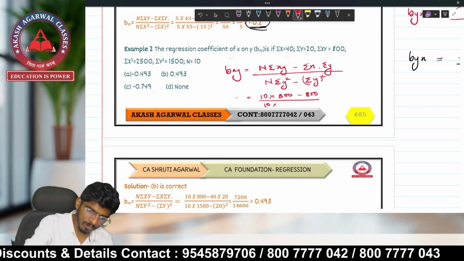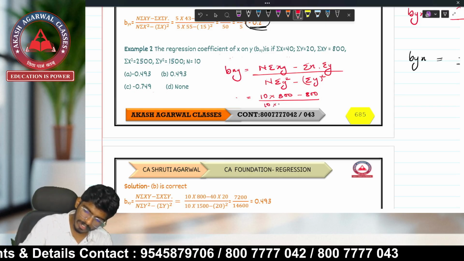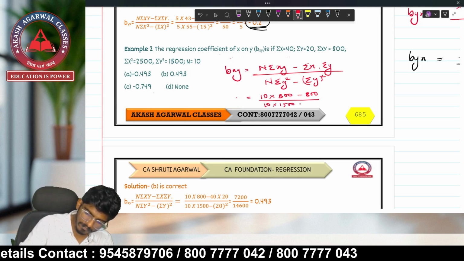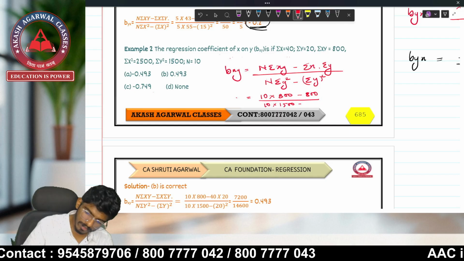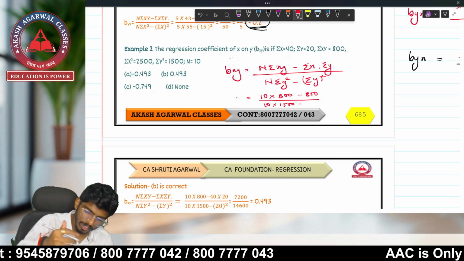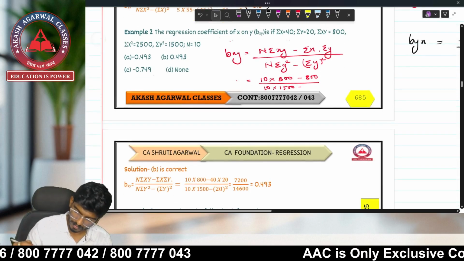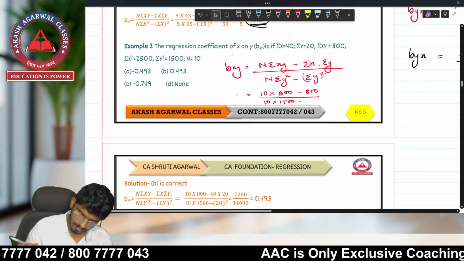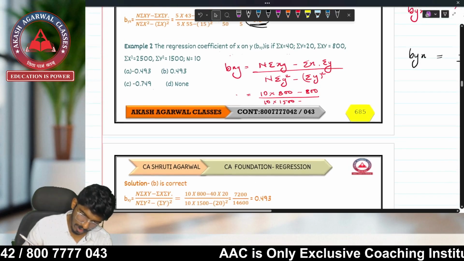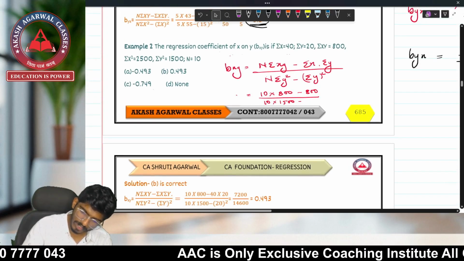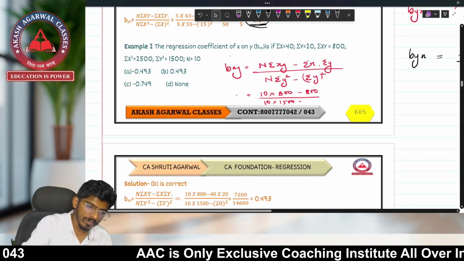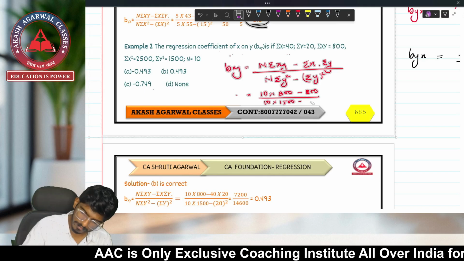Again, 10 into y square is what? 1500. Minus, I need y's whole square. So summation of y's whole square, where is summation of y? 20. So it is going to be 400.